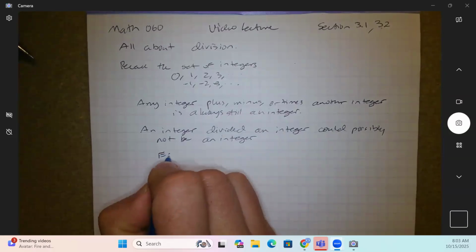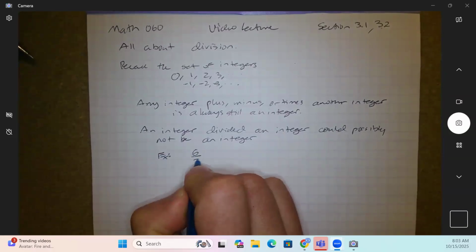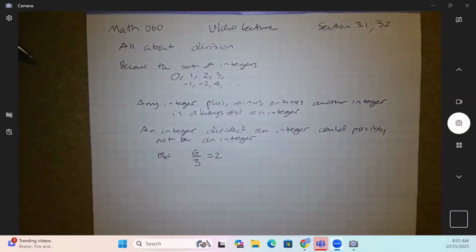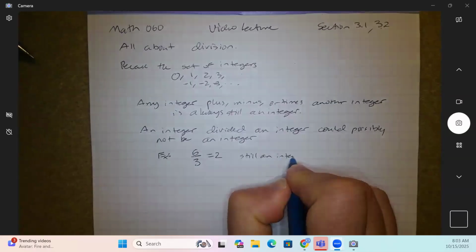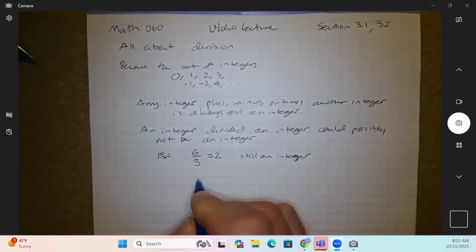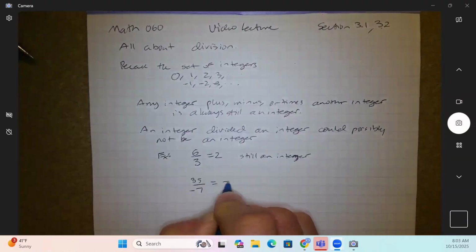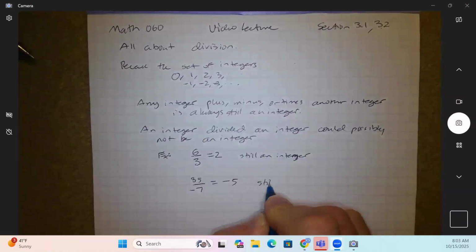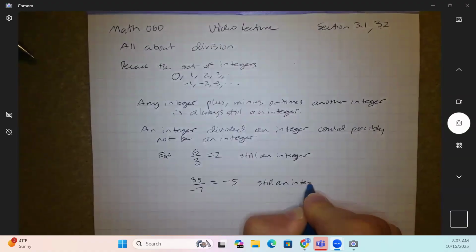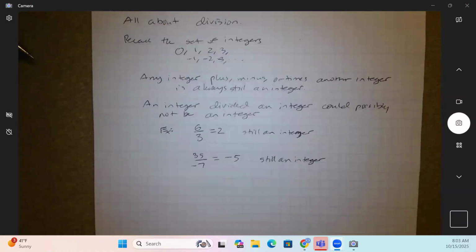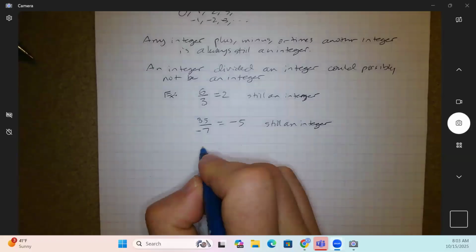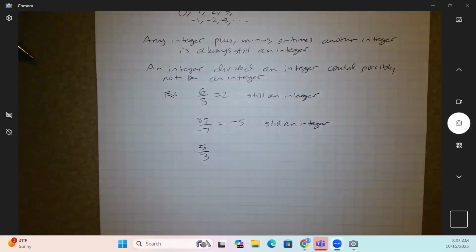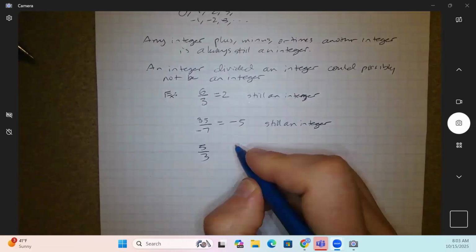So examples: 6 divided by 3 equals 2, still an integer. 35 divided by -7 is -5, still an integer. Five divided by 3, that's not an integer.